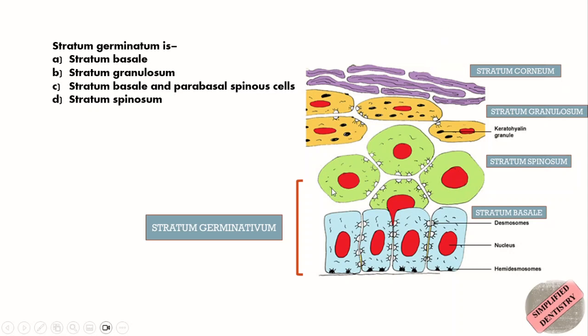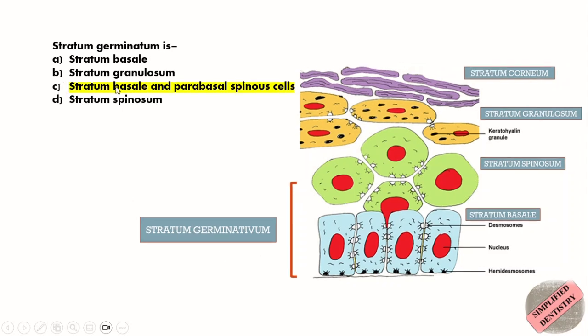So sometimes some of the spinous cells above the basal cell layer also show the presence of mitotic figures, and this combination of basal and parabasal spinous cells, that is the spinous cells beside the basal cells containing the mitotic figures, is called stratum germinatum. So the answer is option C, that is stratum germinatum is stratum basal and parabasal spinous cells.